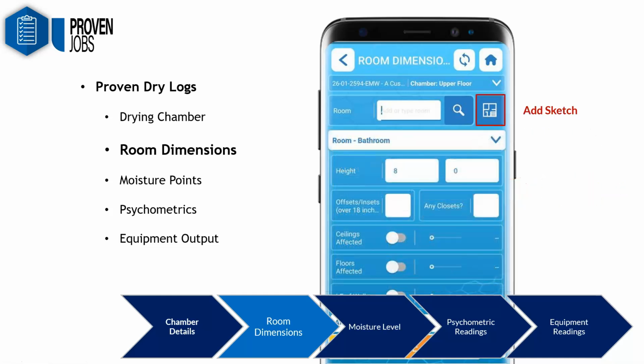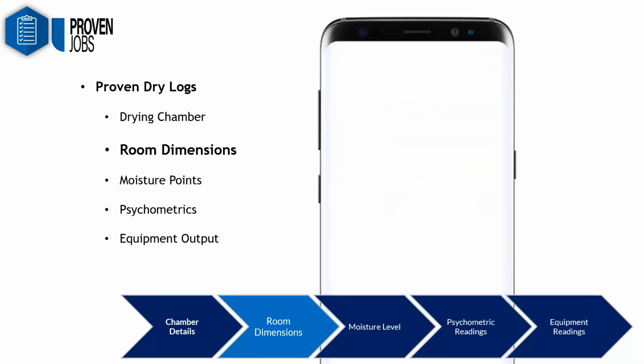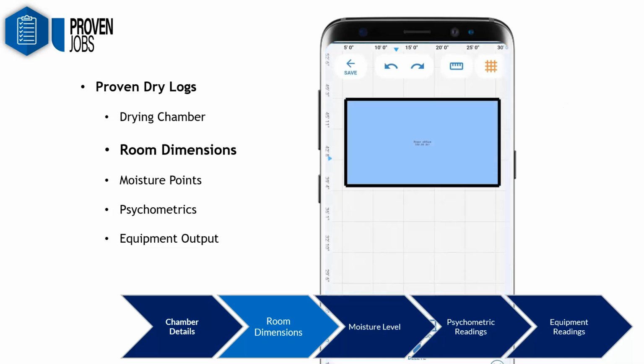If you choose not to enter in the dimensions manually, you can hop over to our sketch pad by selecting the Add Sketch icon. This will carry you over to our sketch pad, which provides a visual representation of the room and affected area.